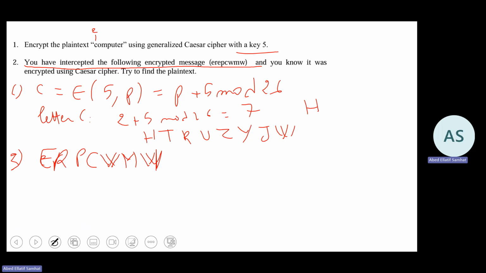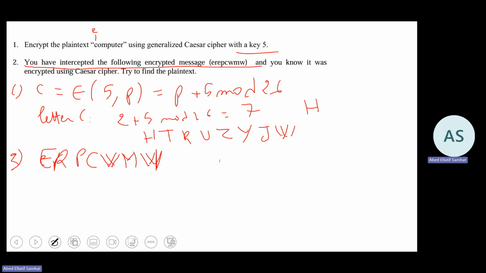So the idea here is, as we said, we want to take the relative frequency of the letters, and to see which letter is the frequent one. Or we have to make a brute force attack.